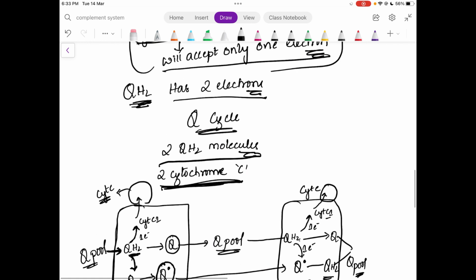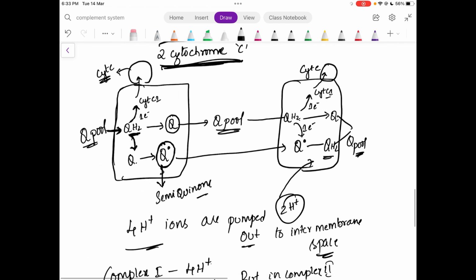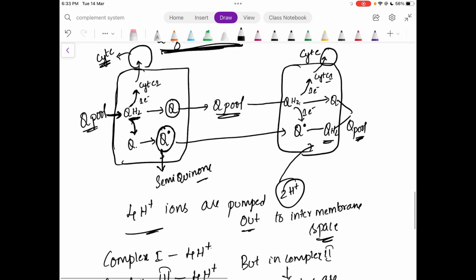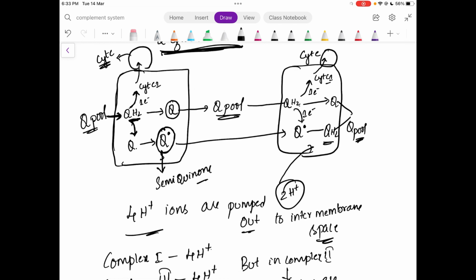Okay, in complex 3, cytochrome C can accept only one electron, but QH2 has 2 electrons, and this discrepancy is cleared with the help of the Q cycle. In the Q cycle, this QH2 will donate 1 electron to cytochrome C and 1 electron to ubiquinone.